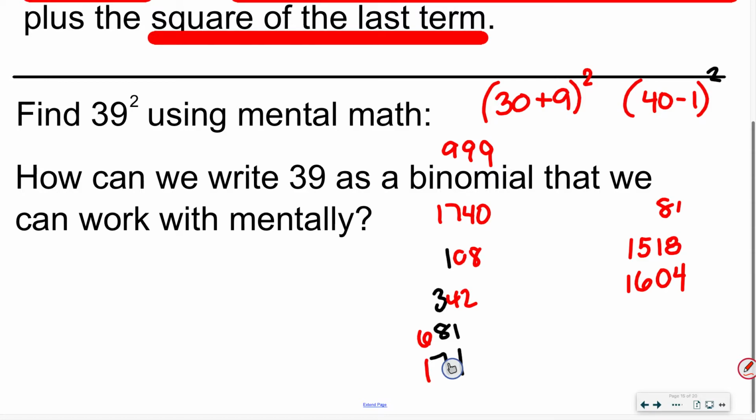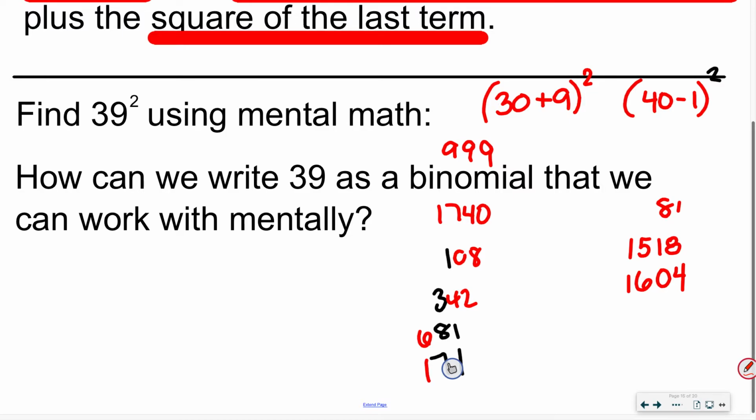For those of you that got closest, the ones on the right: 40 times 40 is 1600. Negative 1 times negative 1 is 1, so you have 1601. 40 times negative 1 is just minus 40. So from 1601, I can take away 40, which would give me what? 1500... 21.